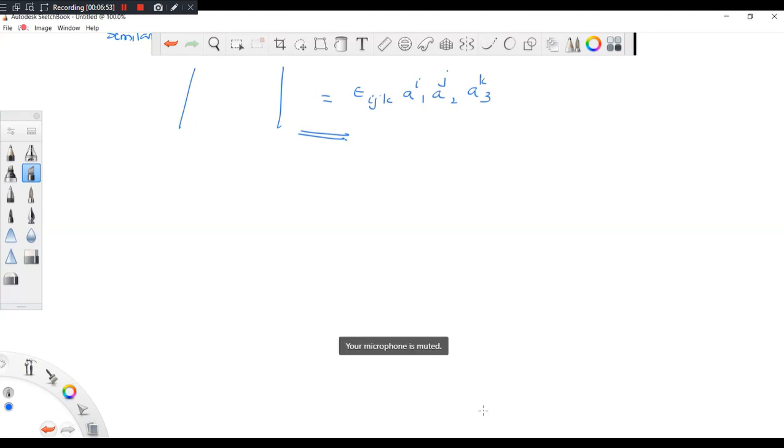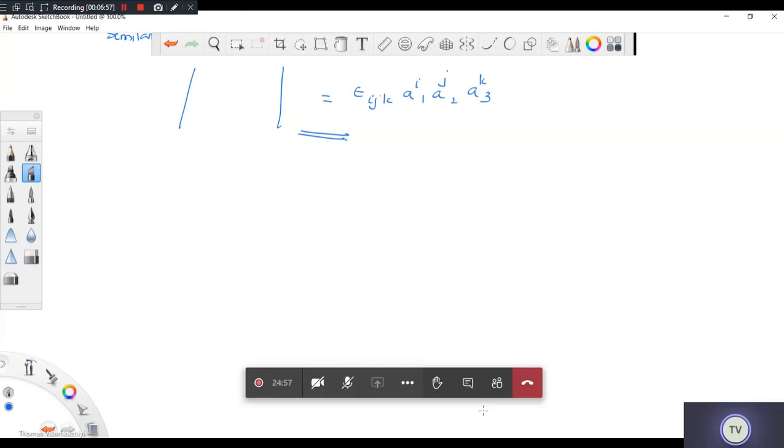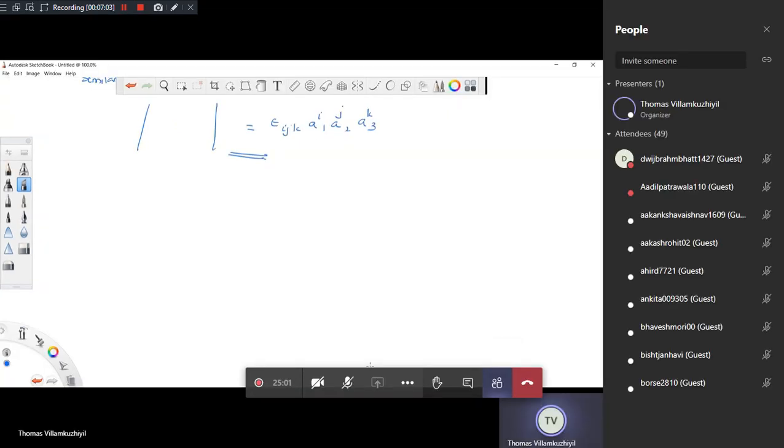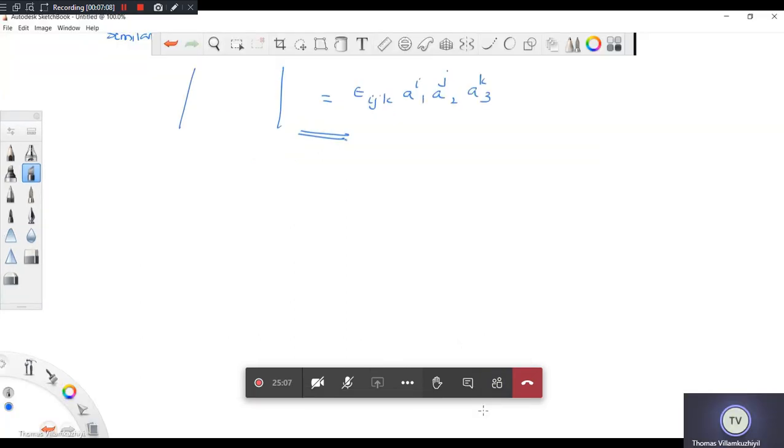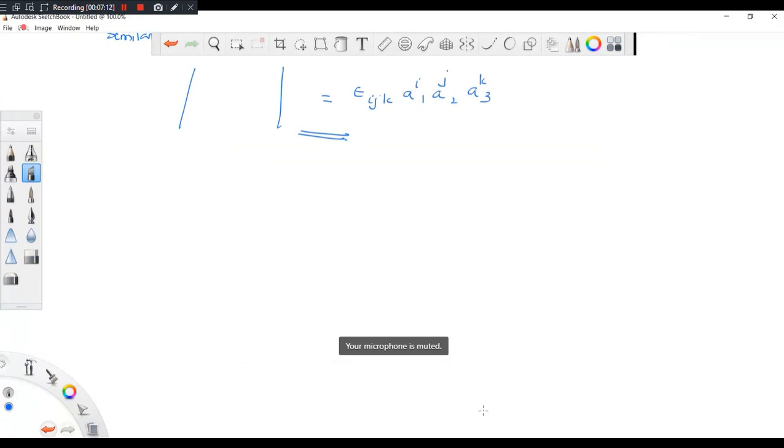Einstein discovered the theory of relativity. Initially there is the Newtonian law. Then from Newtonian law, one has to go to the special theory of relativity, then to the general theory of relativity. And in the general theory of relativity, the physical laws should be the same in all coordinate systems. That is what it says.